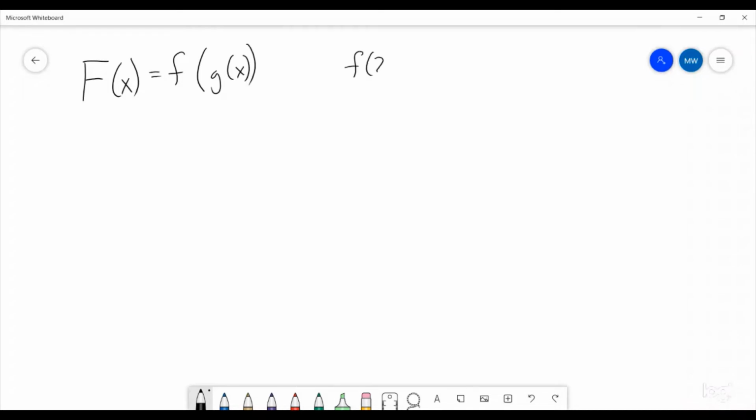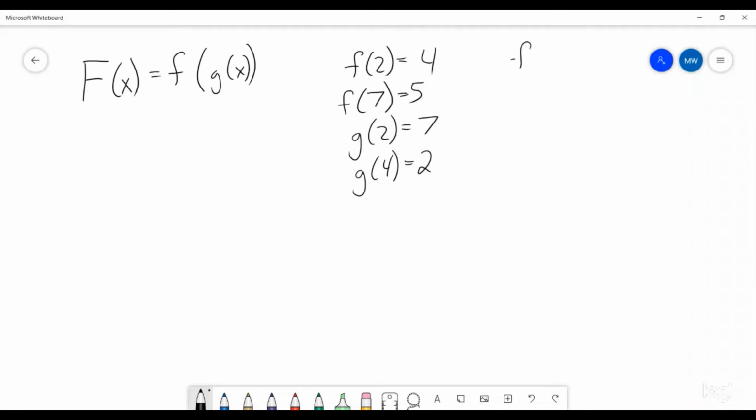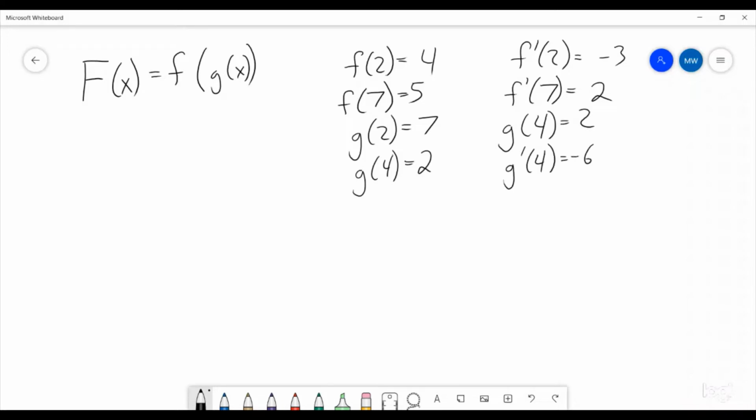We know that f of 2 is 4, f of 7 is 5, g of 2 is 7, g of 4 is 2, f prime of 2 is negative 3, f prime of 7 is 2, and g prime of 4 is negative 6.